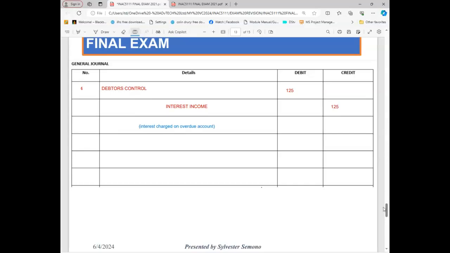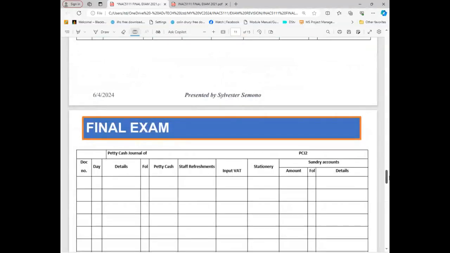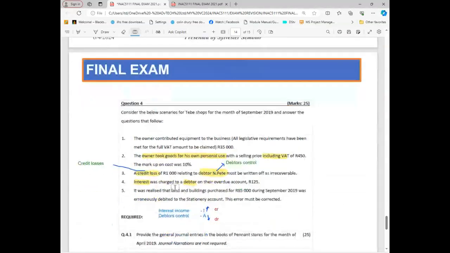Okay. The next one, let's see. The next one, they said it was realized that the land and building bought for 85,000 during September was by mistake debited to the stationery account. Error must be corrected. So it means they debited by mistake.